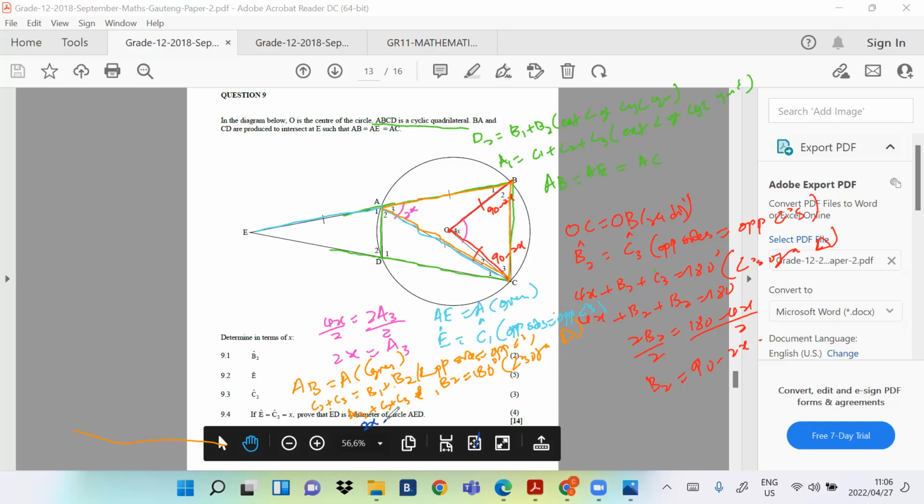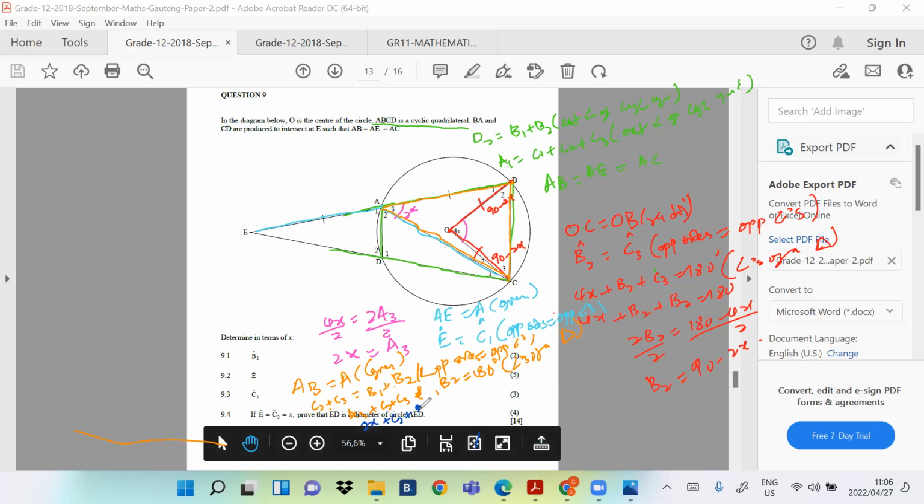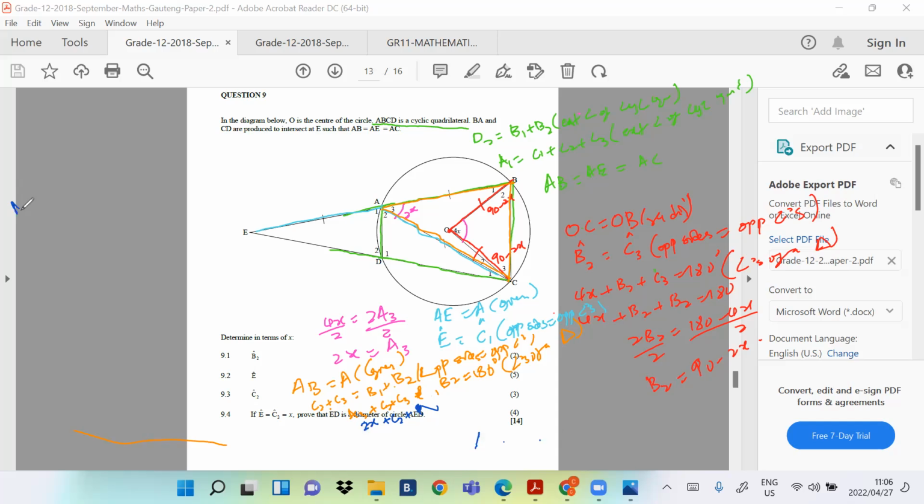And then C2, we don't know. C3 is 90 minus 2x, right? All right, let me write it here. So we had A3 plus C2 plus C3 plus B1 and B2, which gave us 180.